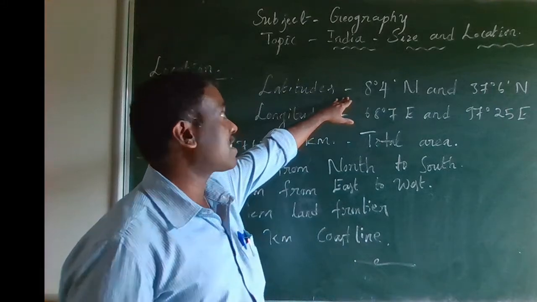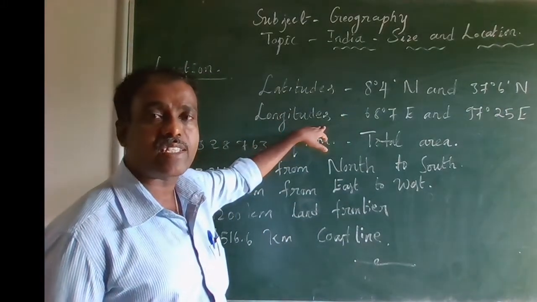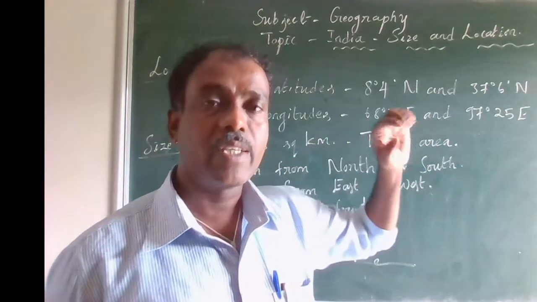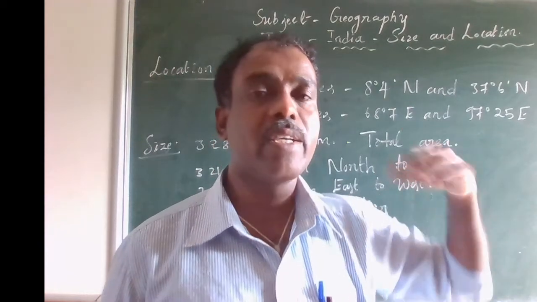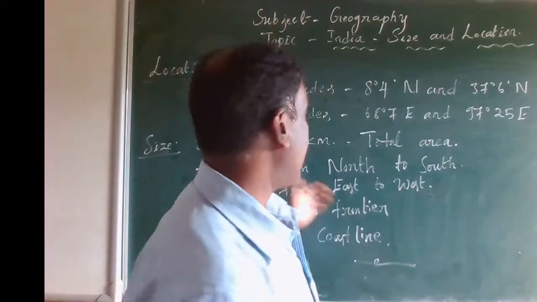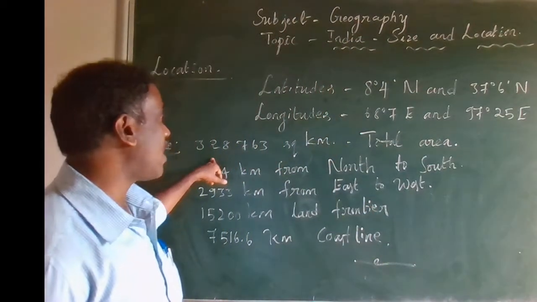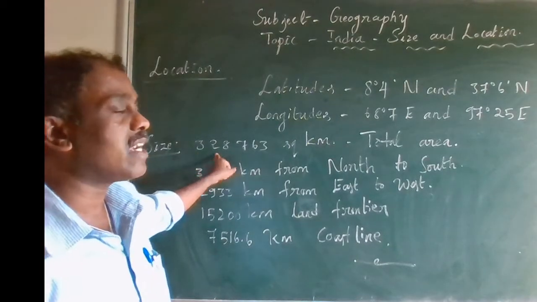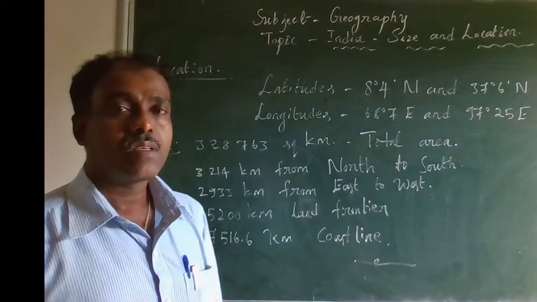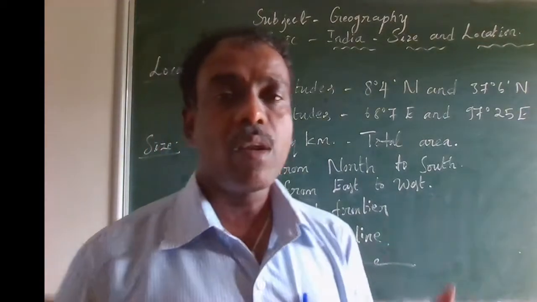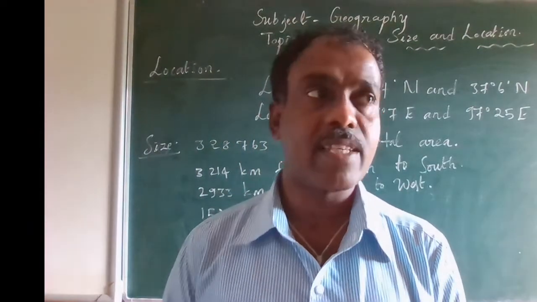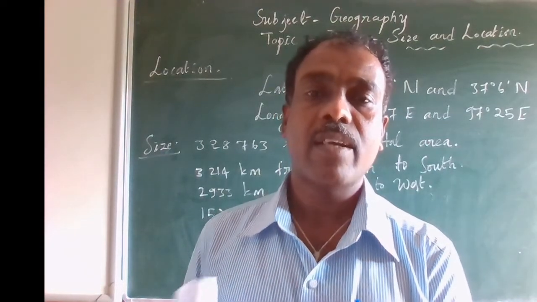This is the latitudinal extension, and this is the longitudinal extension, and the Tropic of Cancer, that is 23 degrees, divides it into two equal parts. And this is the physical area, a total of 3.28 million, 763 square kilometers. So this is all about the size and location of our country.